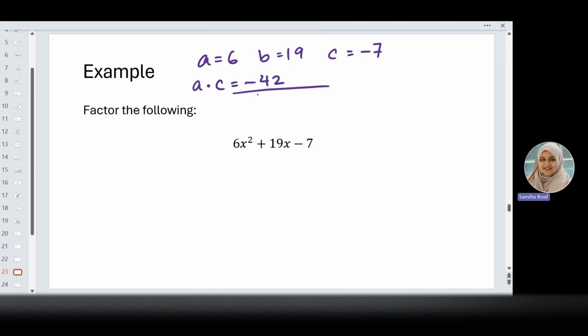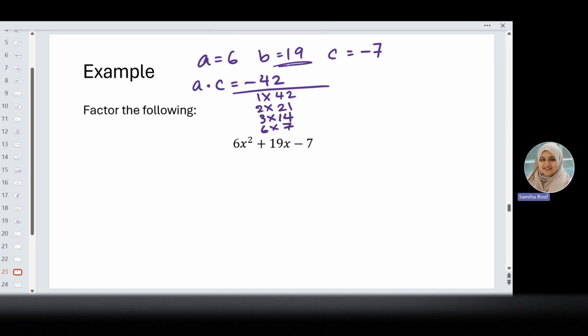Okay, for the possibilities, 1 times 42, 2 times 21, 3 times 14, and then we have 6 times 7.